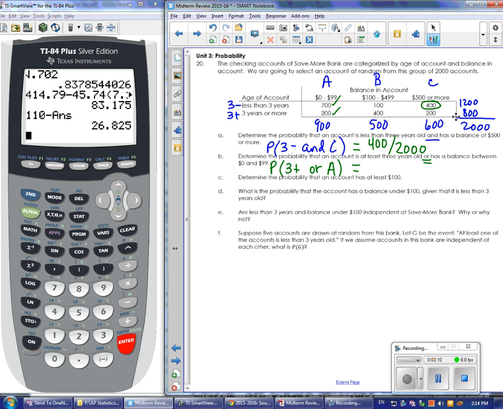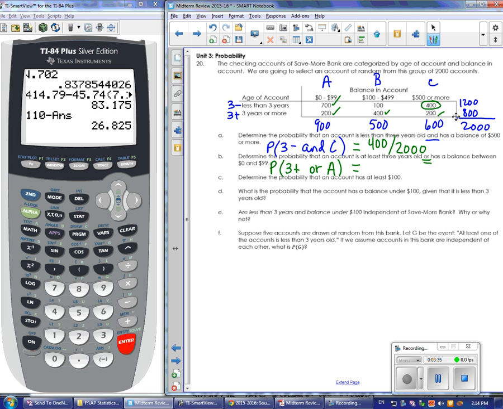If I look at my next column, if I've got accounts that are less than 3 years old but over $100, it's okay because oh, no, it's not. I'm sorry. Since they're not less than 3 years old and they're more than $99, that's not going to be included. But basically, any account that is 3 or more years old is going to be included, as well as any of the accounts that have between 0 and $99.